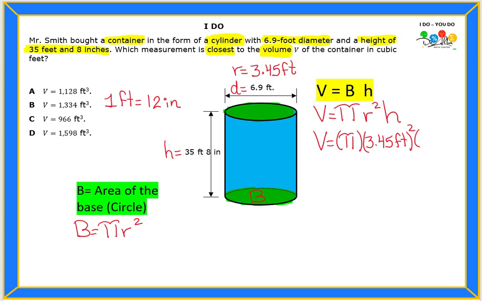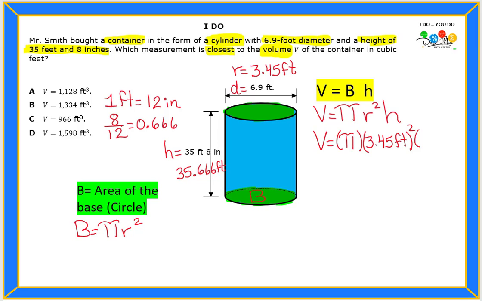So if I have 8 inches, I can write this as 8 over 12. And that will be equal to 0.666, it's a repeating decimal. So the height, therefore, I will write down 35.666. And of course, I can write down feet now.